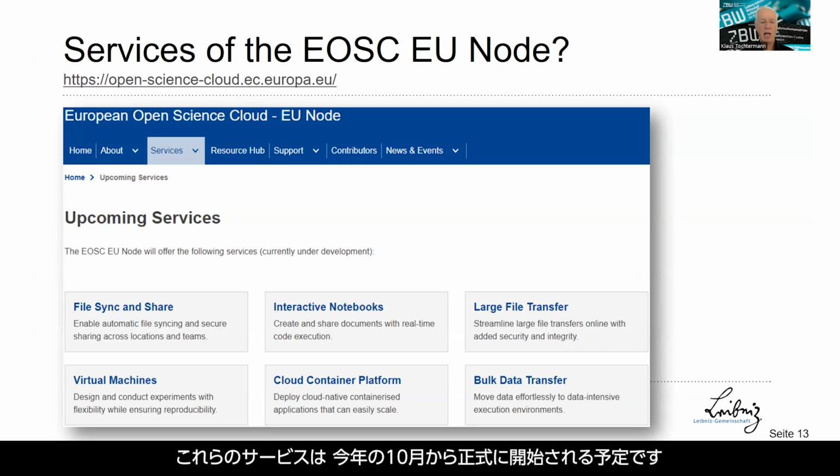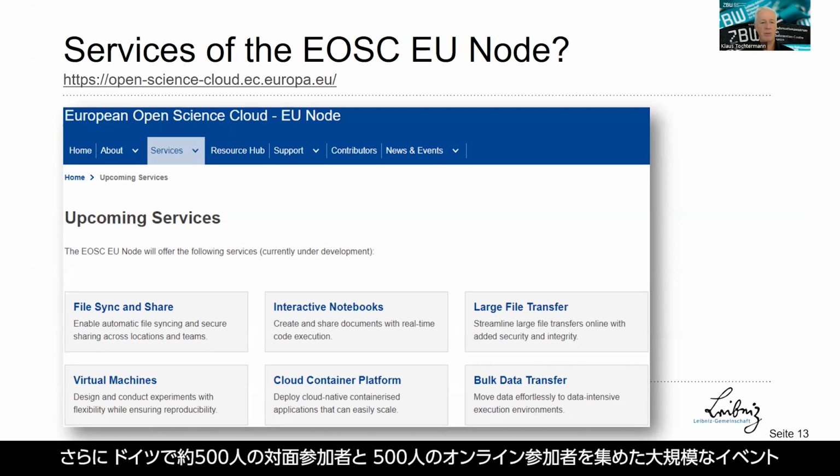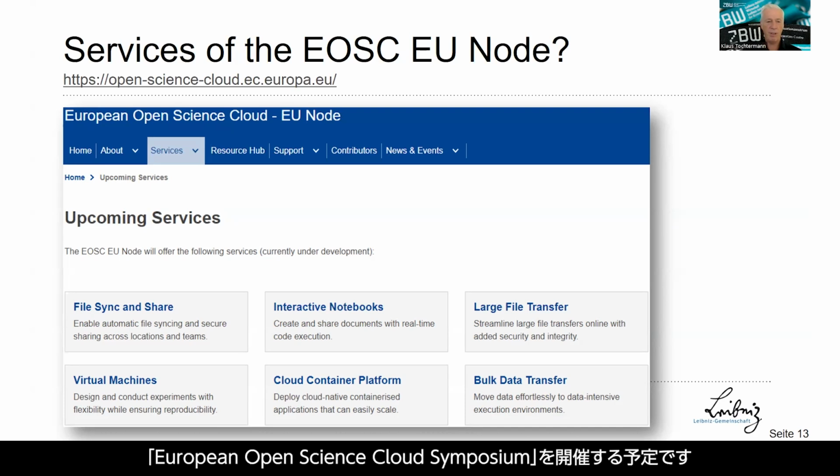These services will be launched officially in October this year. We will run a huge event in Germany, by the way, the European Open Science Cloud Symposium, with roughly 500 participants in person, plus another 500 participants online.